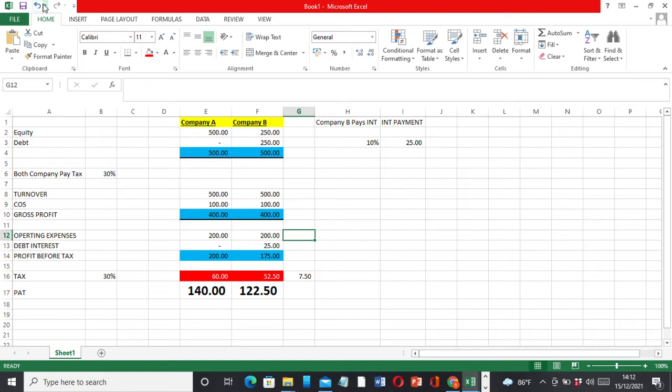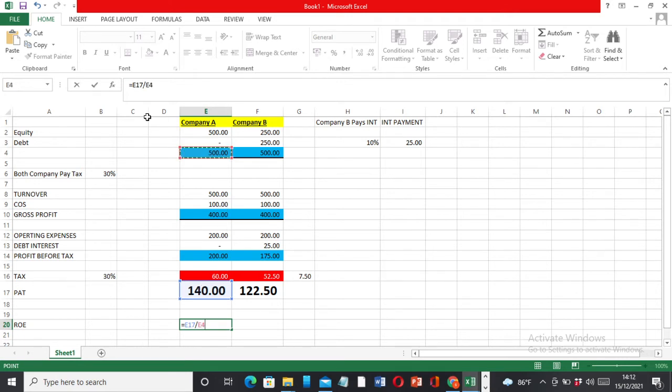As an investor, let me get the ROE, that's the return on equity. The formula is net profit divided by the shareholders funds, into 100.